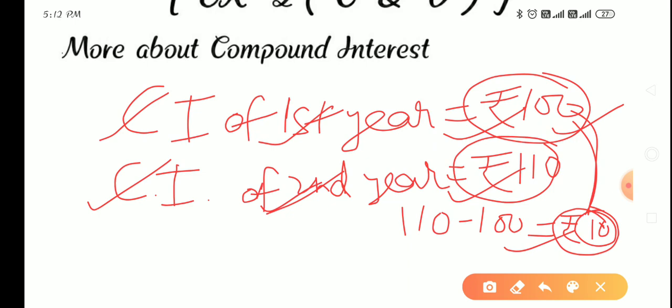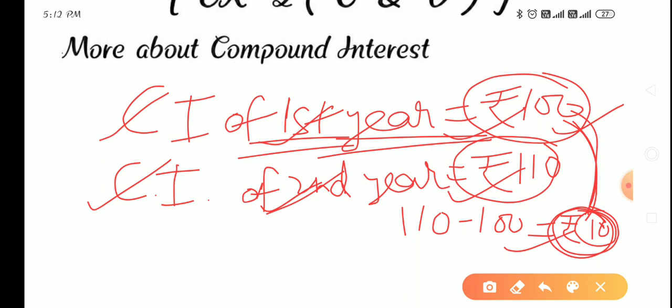I told you, interest on the compound interest of the preceding year. So the preceding year is first year. So on the CI of first year, this difference of rupees 10 will be the interest of 1 year.